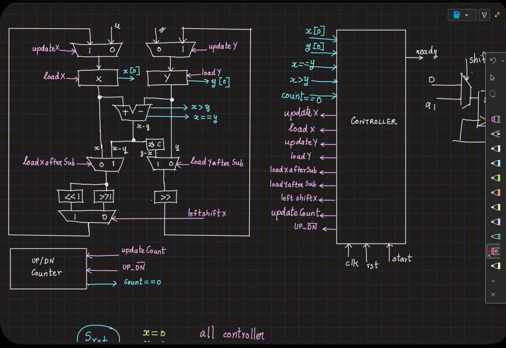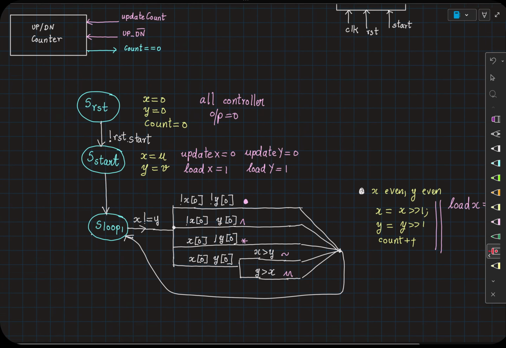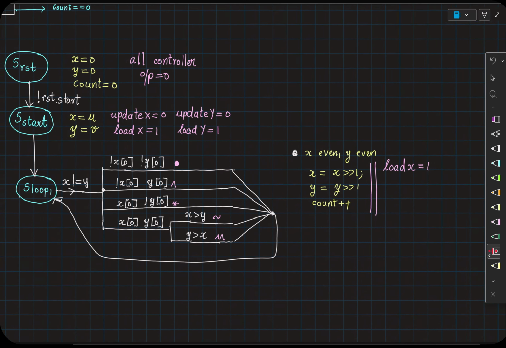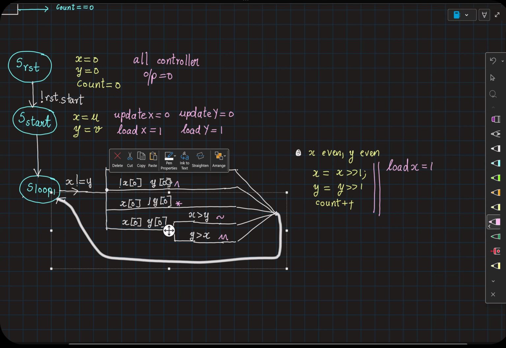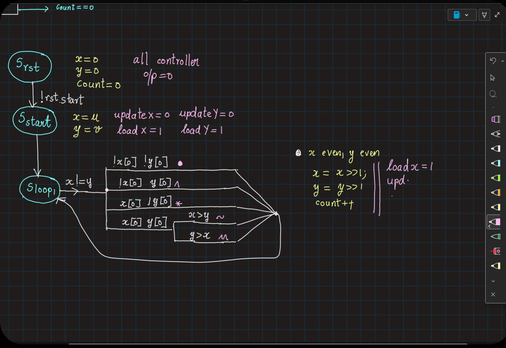Is that clear? So the path we want to be active is, if X is even, you want to feed the X value, right shift it by 1, and then update it in the next cycle. So all the signals that will make this loop possible have to be turned on appropriately. So load X should be 1. Update X should be 1. What about load Y? Should be equal to 1.